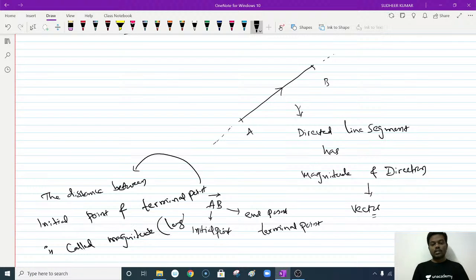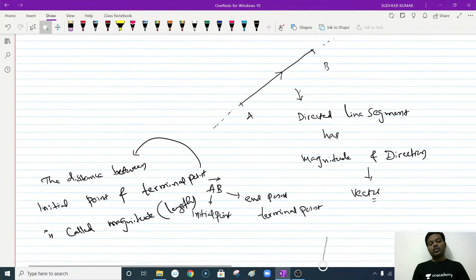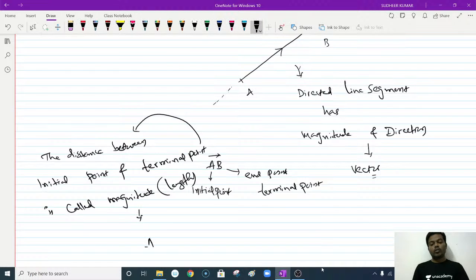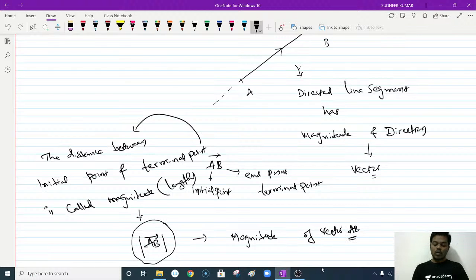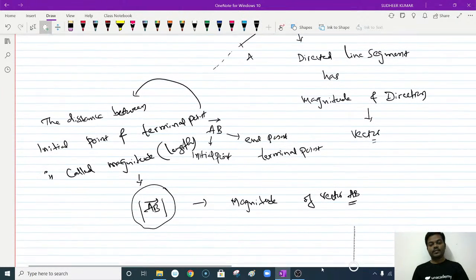In this case, we can call it the length of the directed line segment also. The magnitude is denoted by modulus, because length is always positive, never negative. This is called the magnitude of vector AB. How to find the magnitude of vector AB? We'll see that later, right?